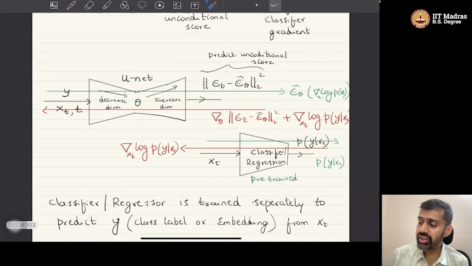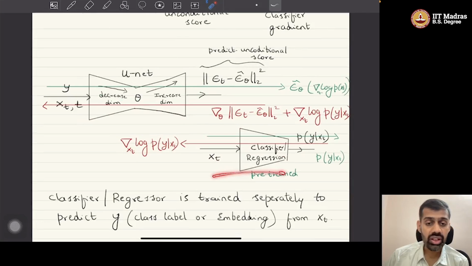Training this classifier is not that easy, because look what you are expecting this classifier to do. Suppose xt corresponds to the noisy version of, let's say, a cat image, then at all noise levels, you are expecting the classifier to predict the class as cat.